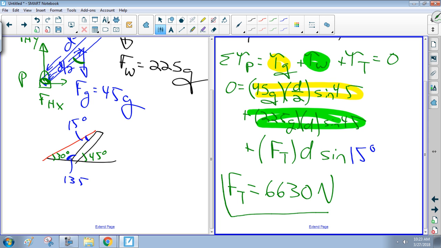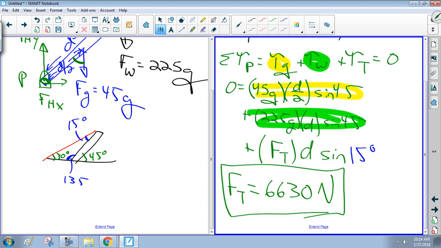Cool. So there's your tension force. Are we good with that? Cool. All right, so now what was the original question? I guess I sort of jumped the gun here. That was A, find the tension. Okay, cool. Part B wants the horizontal component of the force on the strut from the hinge.